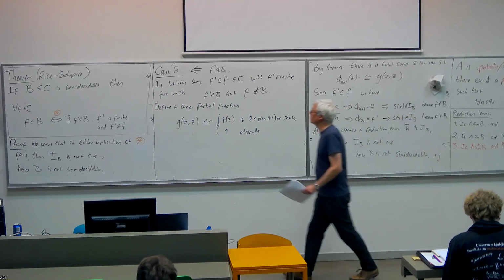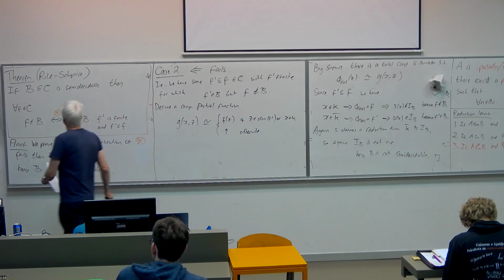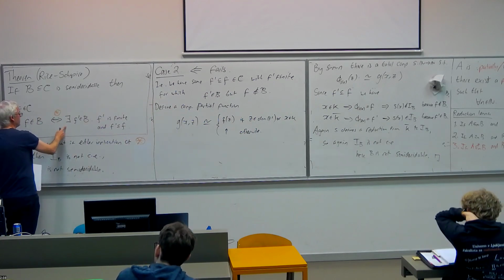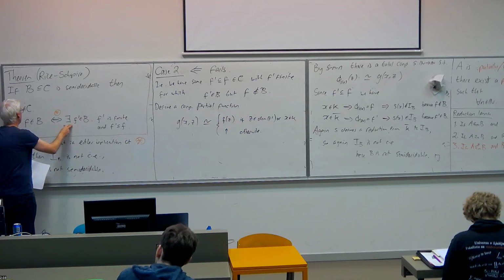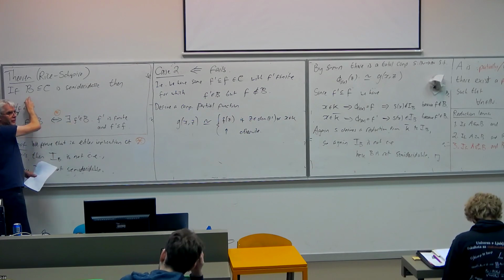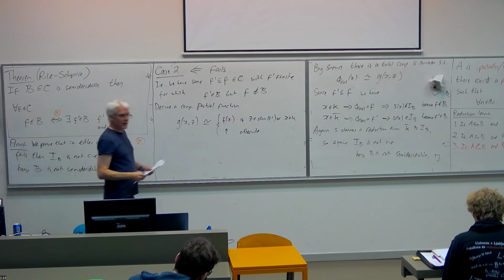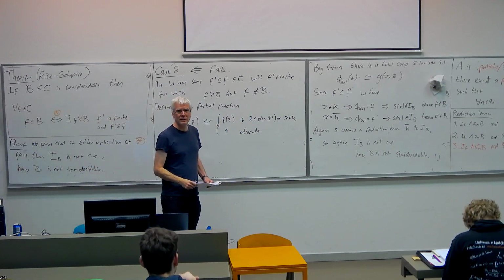Now we're really done, because we have shown that for any set B of computable partial functions, if either of these implications fails, then the set B is not semi-decidable. Okay, that's it for today.